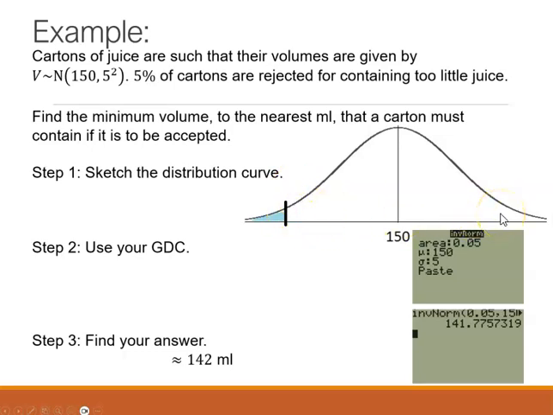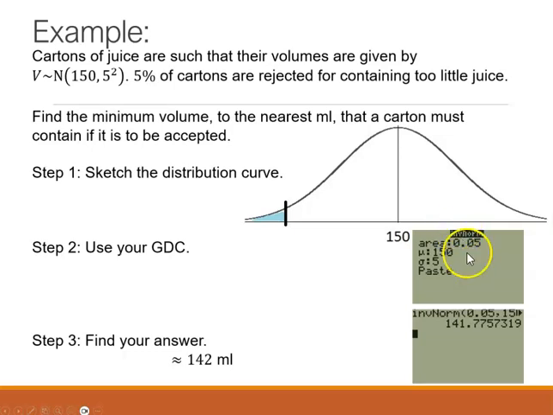Everybody's okay with that? What would have been the issue if I would have looked instead for this section, the white section? If I wanted to look for the white section instead of this little piece over here, the white section to represent a greater than, like P of X greater than.